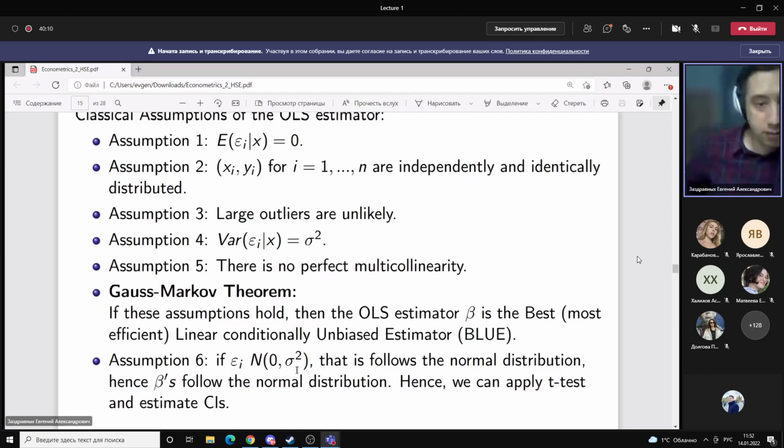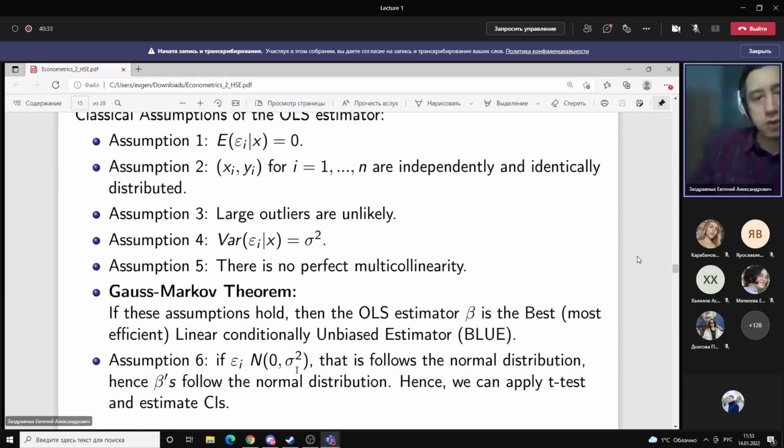Again, these assumptions are theoretical and very abstract, and we cannot check them using statistical tools. If we assume that these assumptions hold, we can easily estimate linear regression using the OLS method, and we can trust our results.